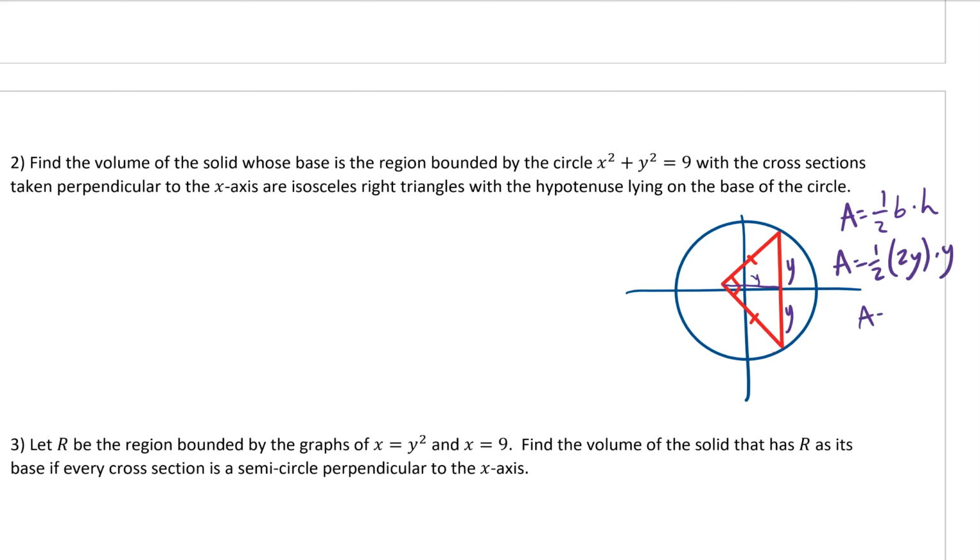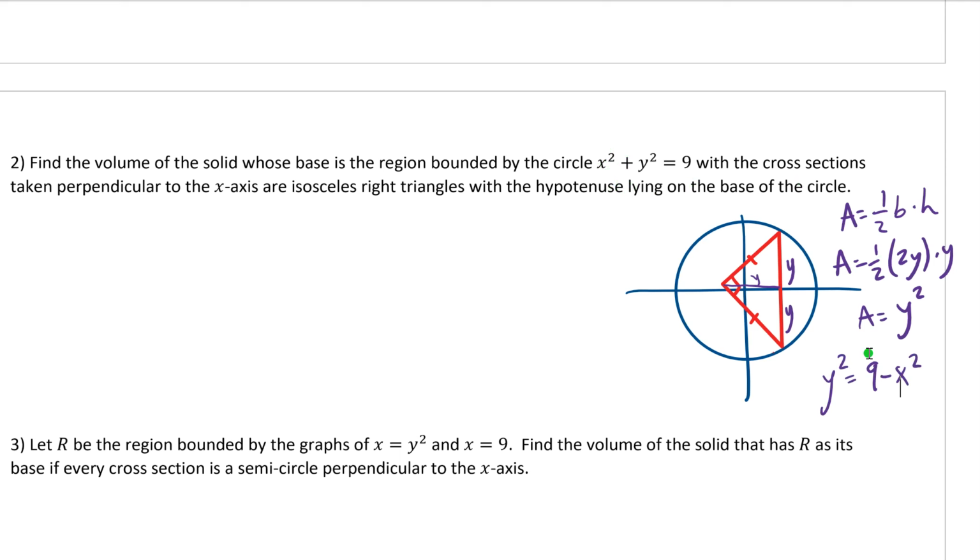So the area is just y squared. And if we take our original function here and we move this x squared over there, then y squared is equal to 9 minus x squared. So that's pretty crazy. So the area is just equal to 9 minus x squared.